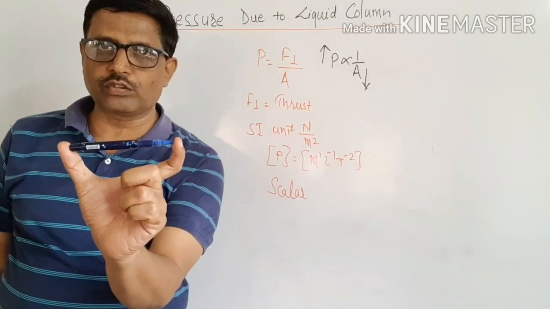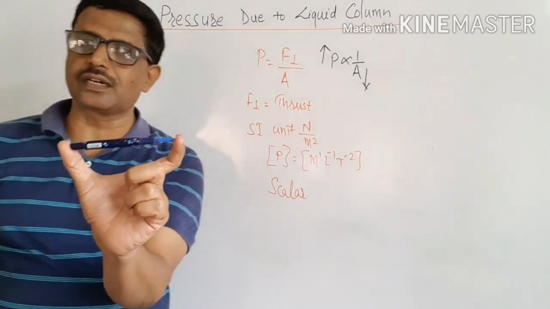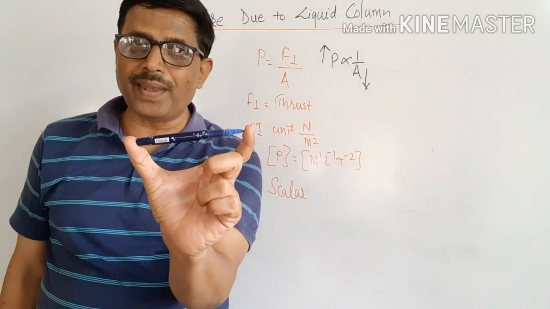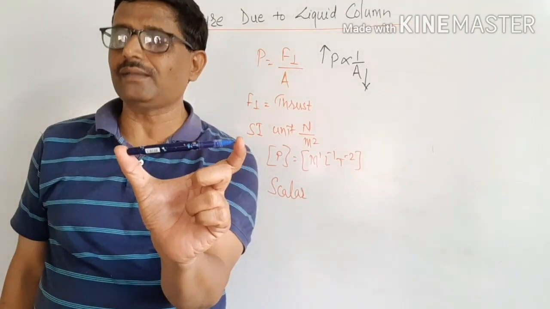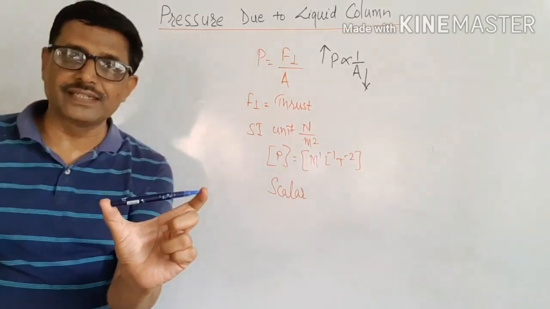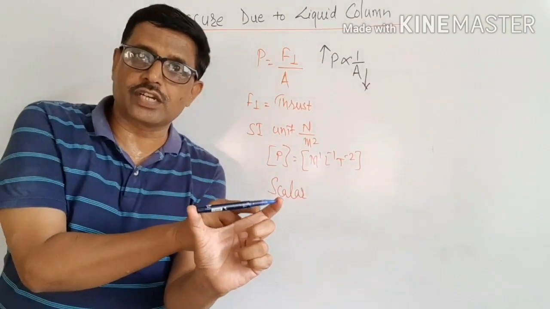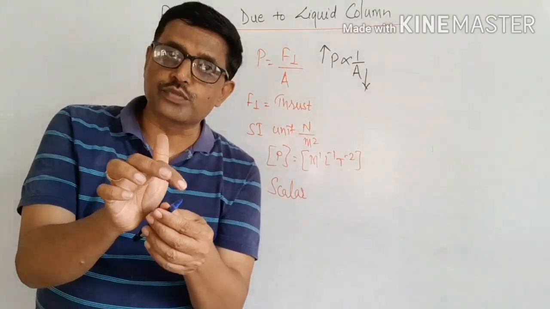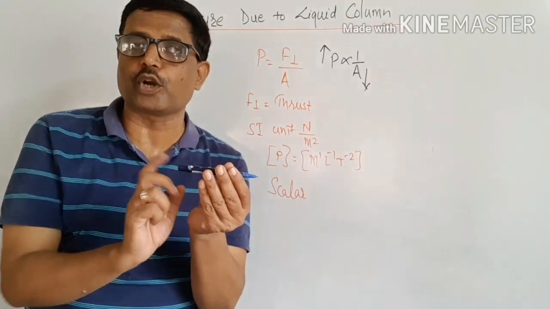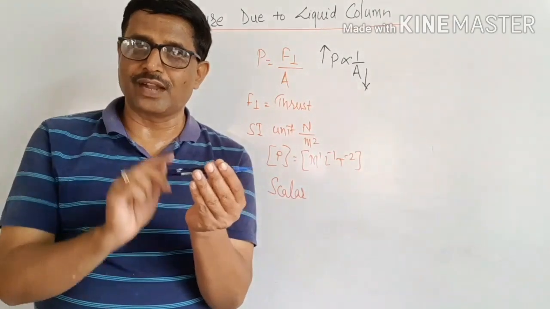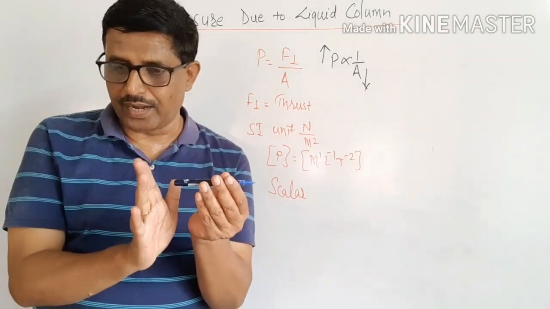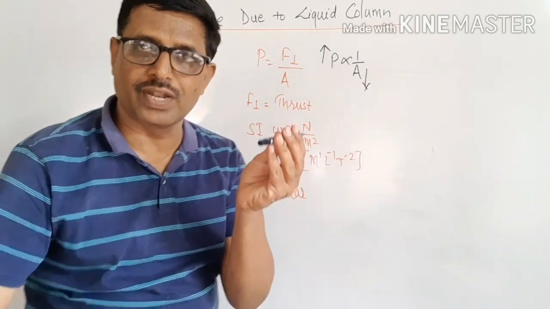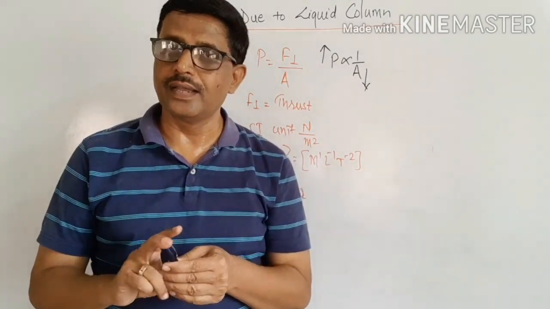If the pen is taken between two fingers, forefinger and the thumb, and if I apply an equal pressure on both sides of the pen, what you will see that the pressure on the forefinger is more because its surface area is too small as compared to the surface area of the bottom. Therefore, pressure exerted by the tip is more and the pressure exerted by the end of the pen, which is circular, is small.